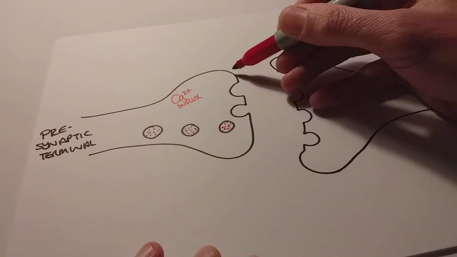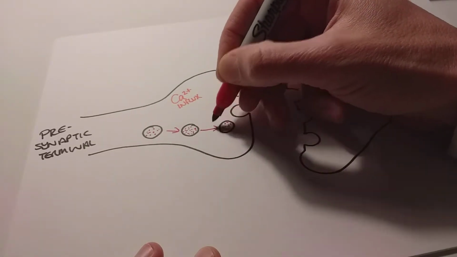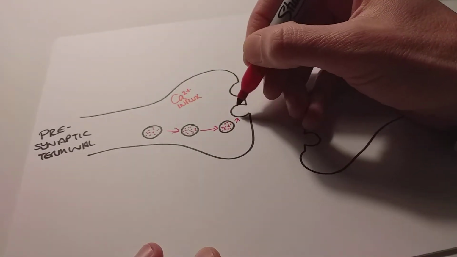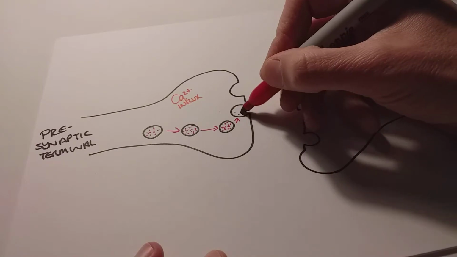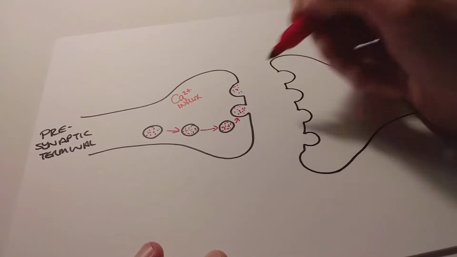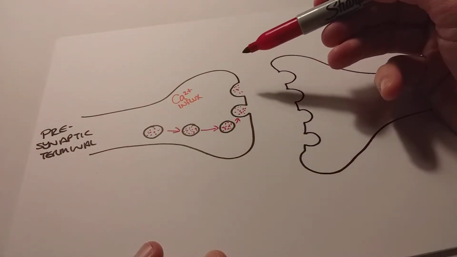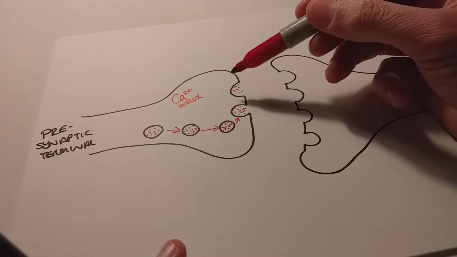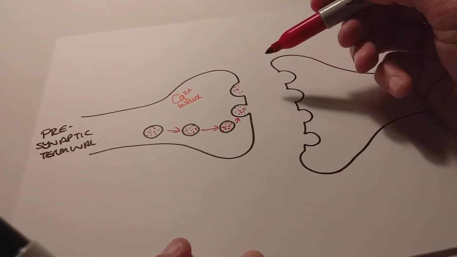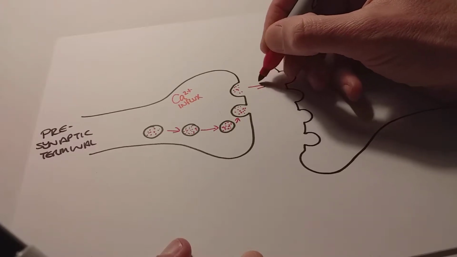So these little vesicles travel along, and they get in here. That's the presynaptic terminal membrane. And then these neurotransmitters empty out into the synaptic cleft.